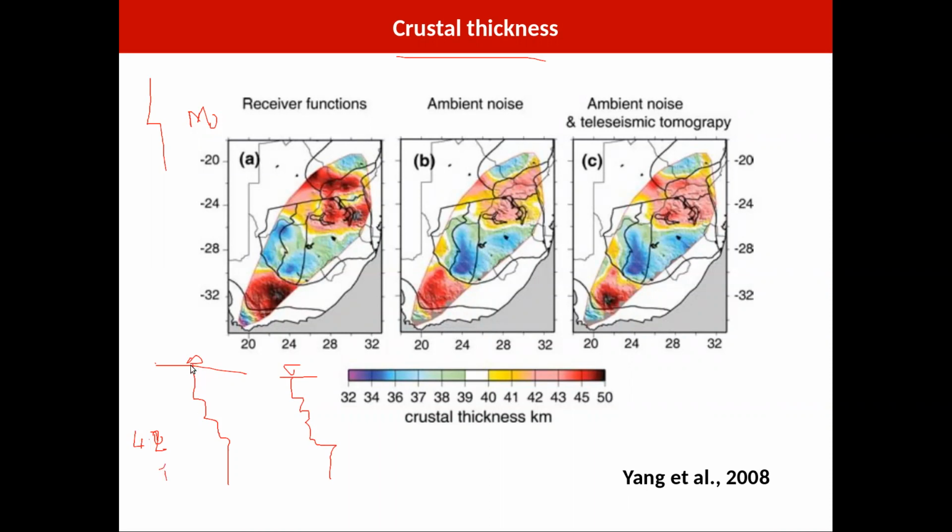So then in this model, we look for where 4.2 occurs. If 4.2 occurs at this depth, say 35 kilometers, we say the MOHO depth below this station is at 35 kilometers.